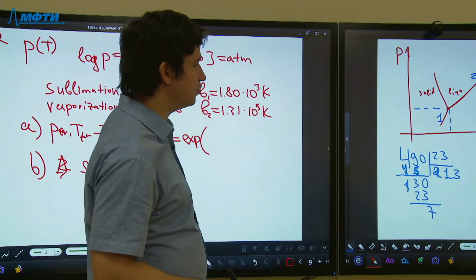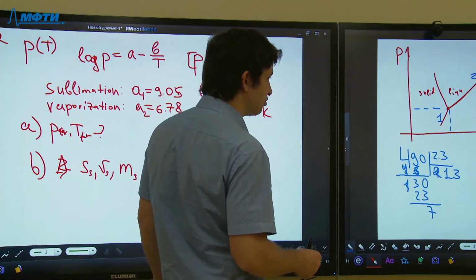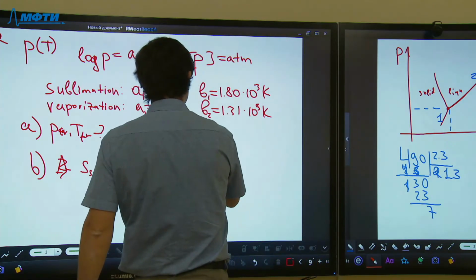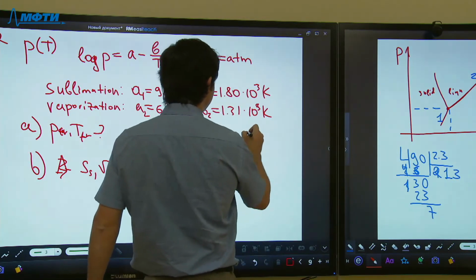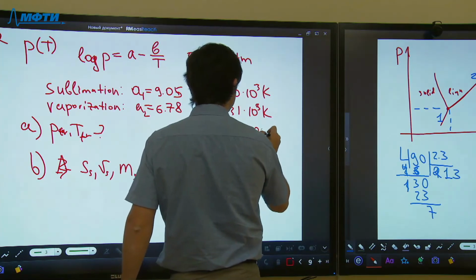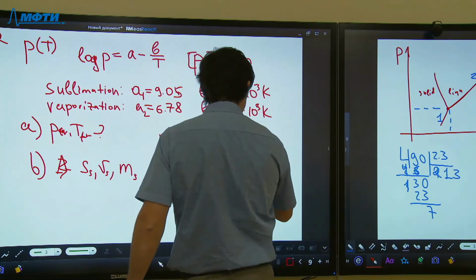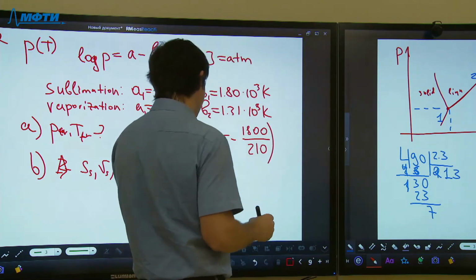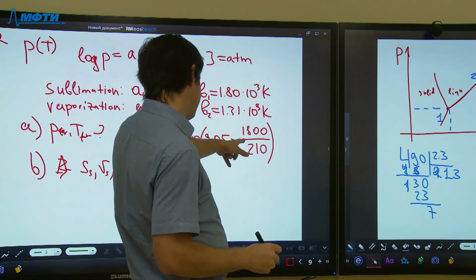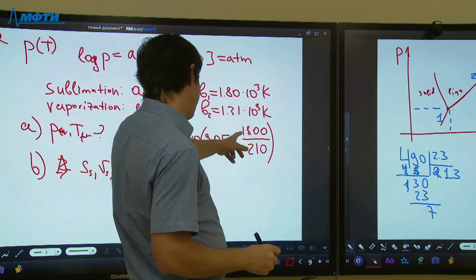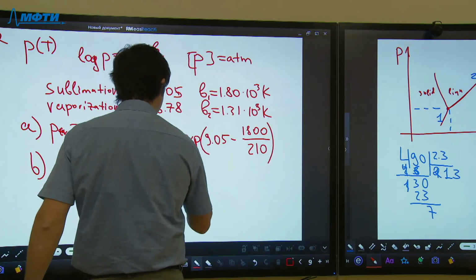Pressure at the triple point is, well, now it's going to get really hot, because this is 9.05 minus A minus B, which is 1,800, over 210. So that is actually something like 9, but somewhat less than 9, probably 8.5. I would say that this is approximately 8.5.